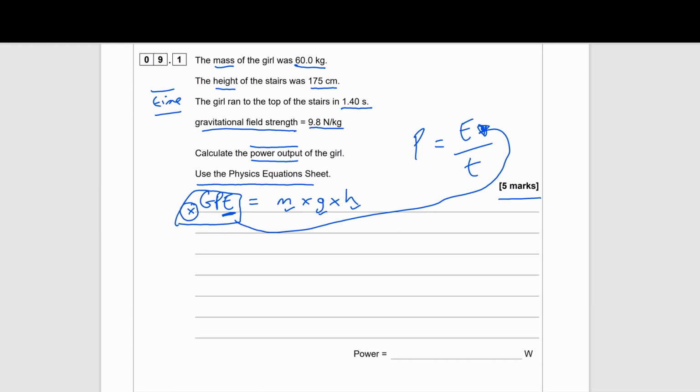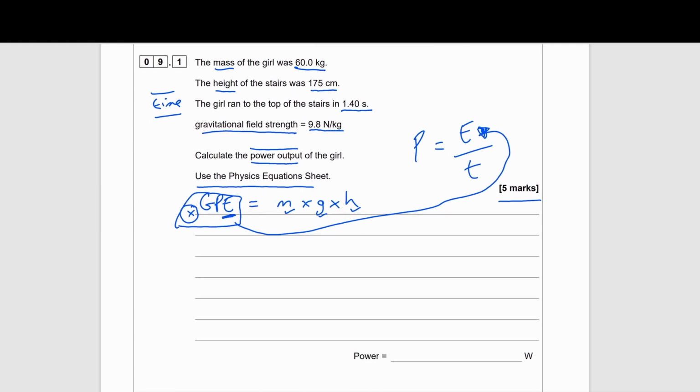So let's do that. So our mass is 60 kilograms. Happy with the unit. Our gravitational field strength is 9.8 newtons per kilogram. Happy with the unit. Looking at our height now, it says 175 centimeters. The only problem though is that we need to get that to our standard unit, which is in meters.